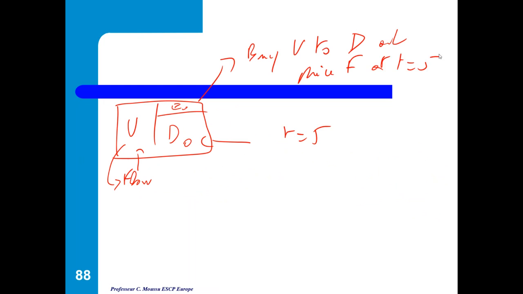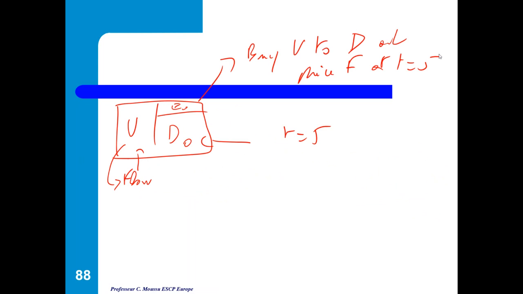So what the option is explaining is that when you are an equity holder in a firm with risky debt, if the company is doing badly, you leave the company with the debt holders.